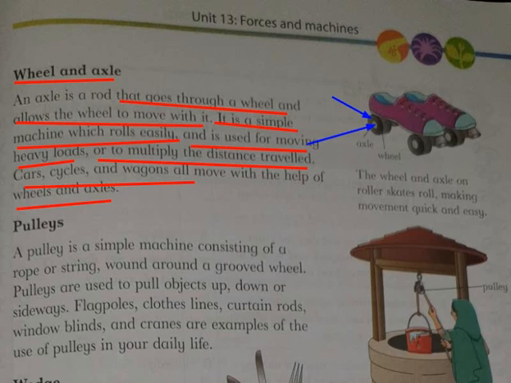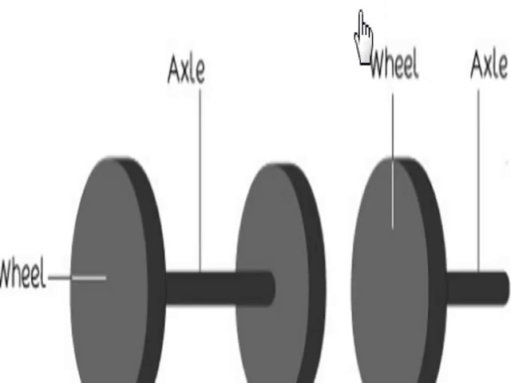Okay, so as we know, wheel and axle is also a machine. So if you see here, this is the wheel and this is the axle, and here this is the wheel and here there is one axle. So the wheel can be at one end and the wheel can be at both ends.